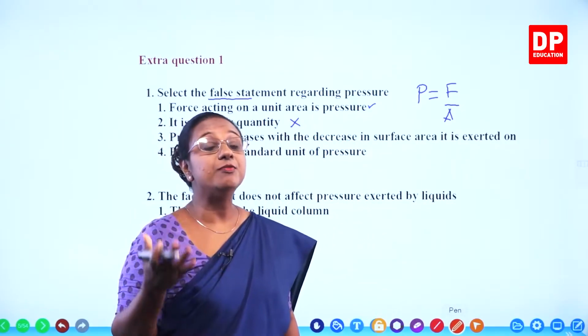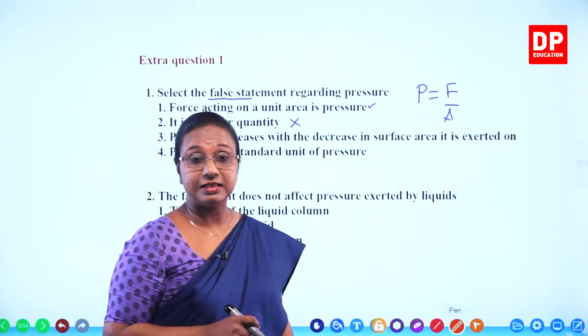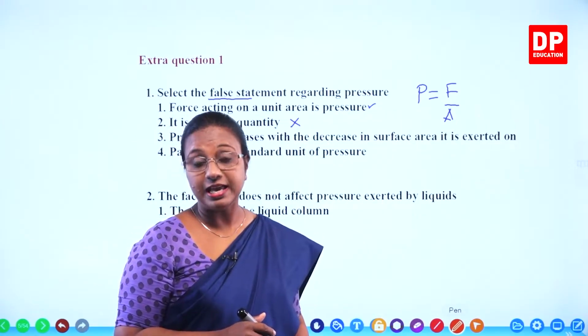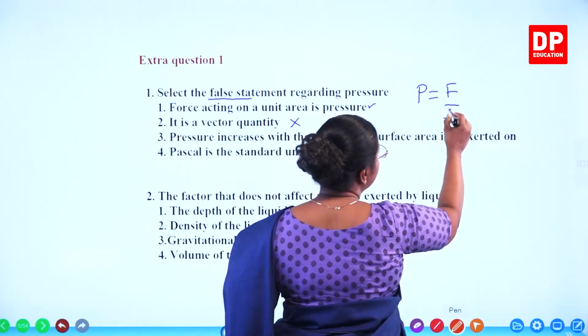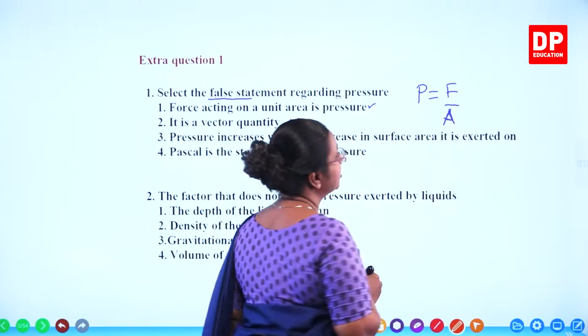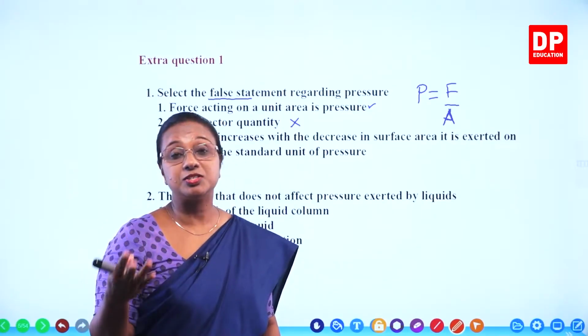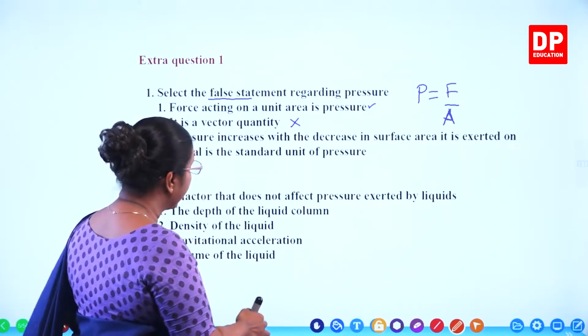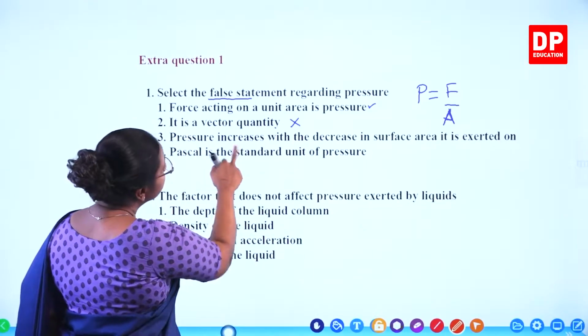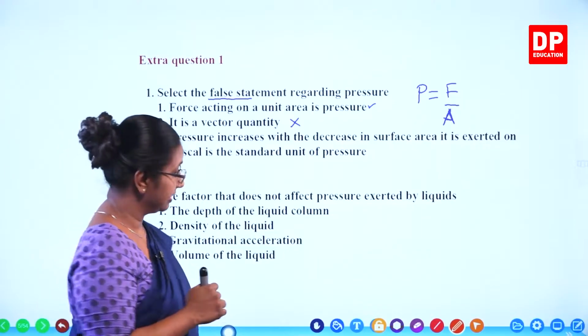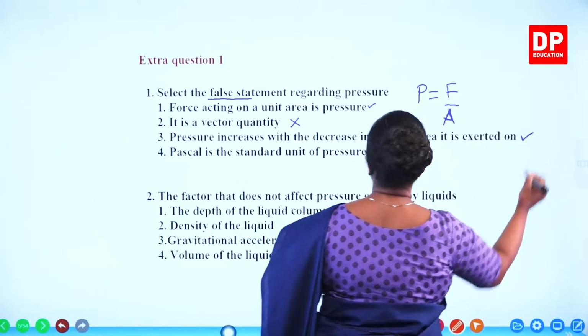So, that means when force increases, pressure will increase. But pressure is inversely proportional to area. When area increases, the pressure will decrease. Or in other words, when area decreases, pressure will increase. So, that is also correct.